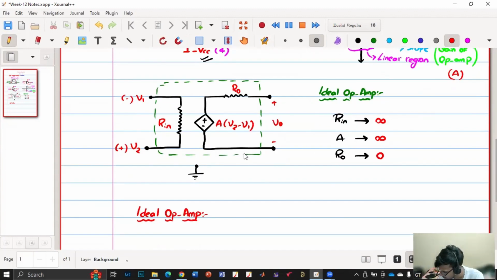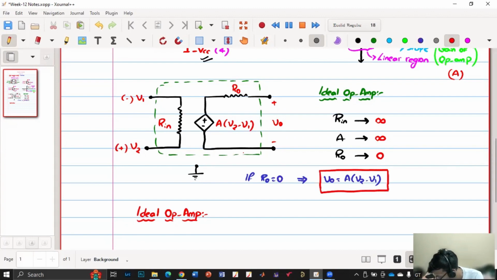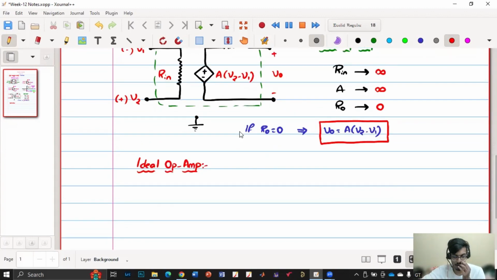Let me write, it's also a key result. If R naught is equal to 0, then V naught is equal to A into V2 minus V1. This is one key result that you need to keep in mind.